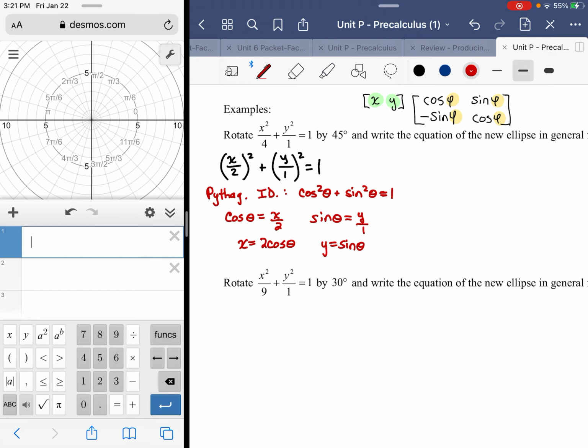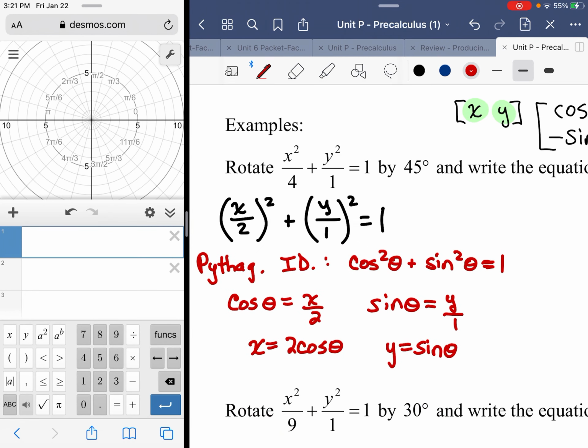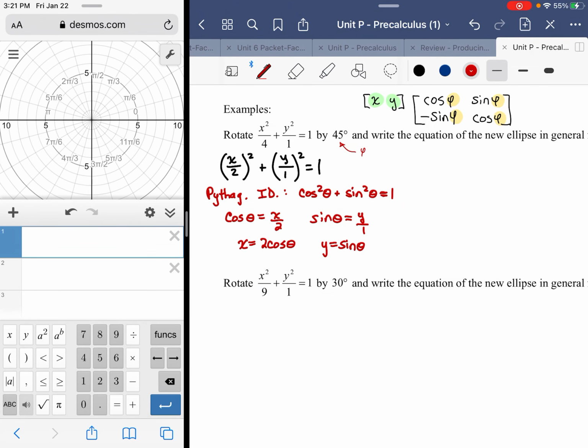So we now know that x is equivalent to 2 cosine theta and y is equal to the sine of theta. So if I want to rotate this by 45 degrees, that's telling me that, based off of the model that we developed on the previous page, phi is going to be equal to 45 degrees. All right.